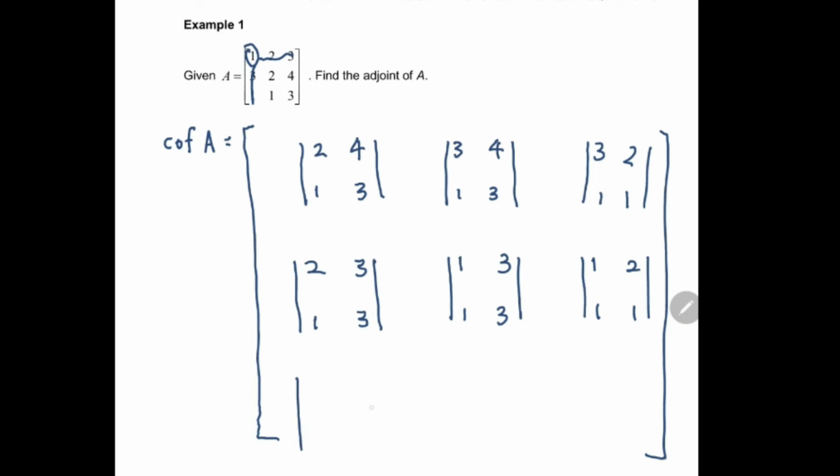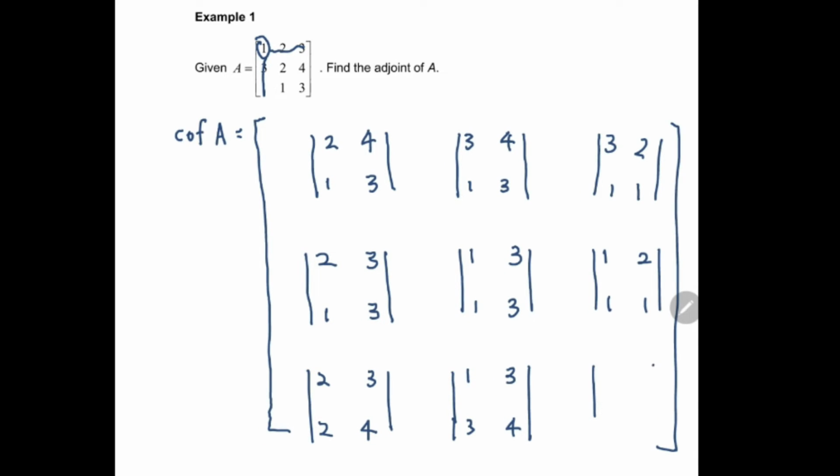Lastly, we go to the last row. 2, 3, 2, 4. 1, 3, 3, 4. And then 1, 2, 3, 2. Then don't forget to put the signs because we are dealing with cofactors. So plus, minus, plus, minus, plus, minus, plus, minus, plus.